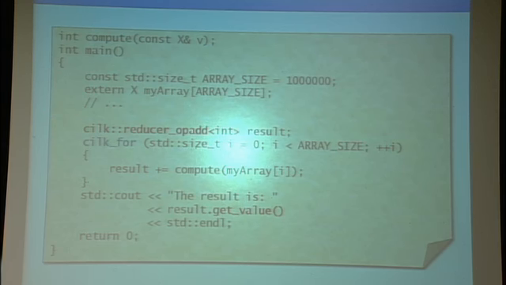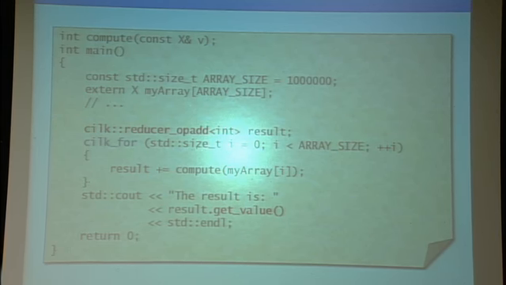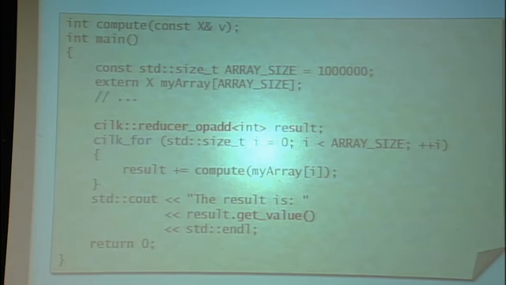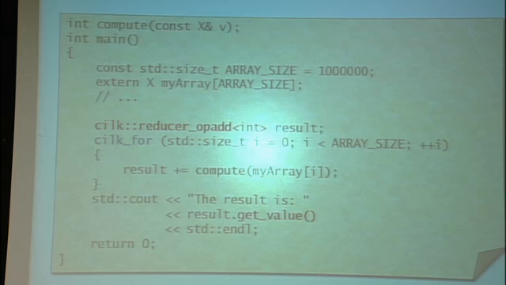So the hyperobject mechanism does that automatically for you. What you can do is declare result to be an integer which is going to have the operation add performed on it. And then you can just go ahead and add the values up like this.